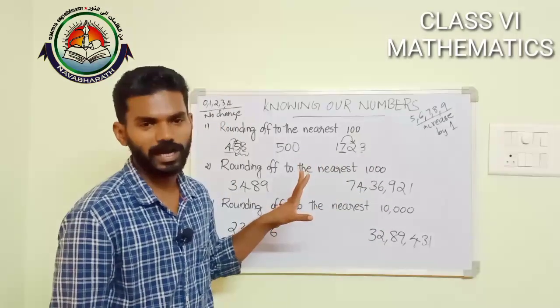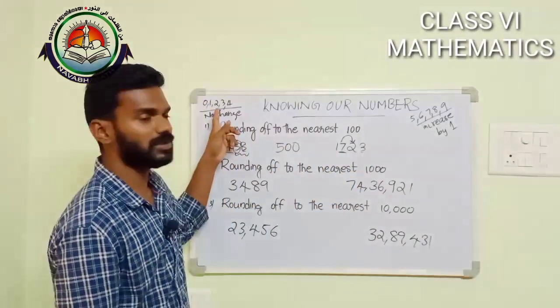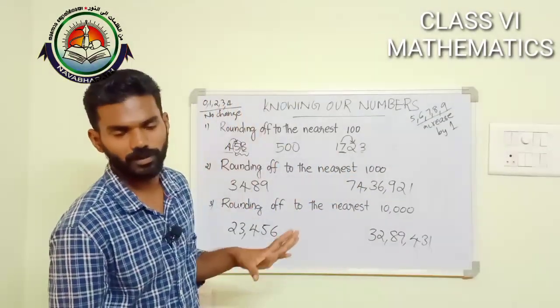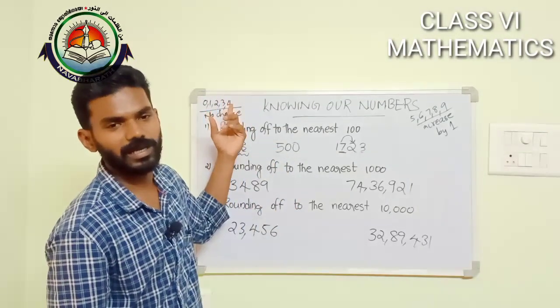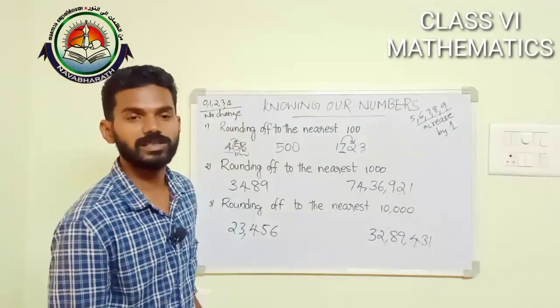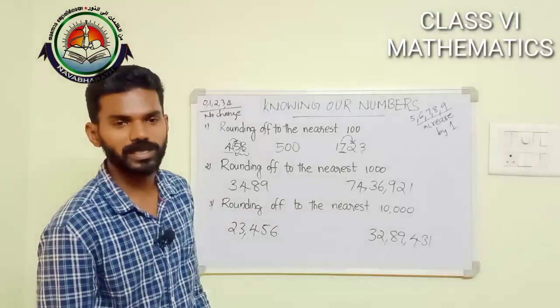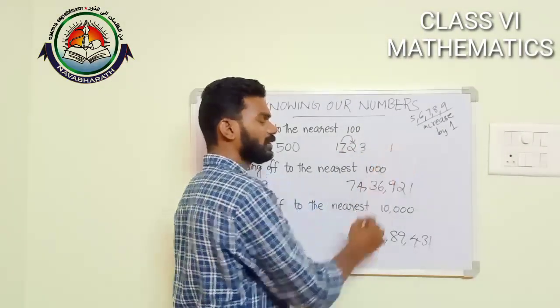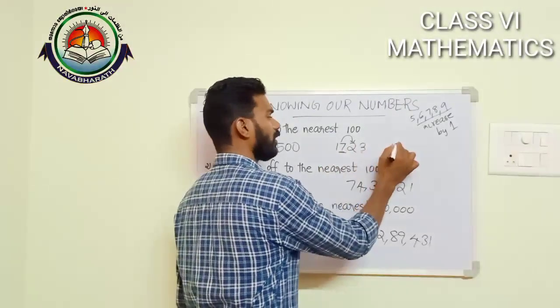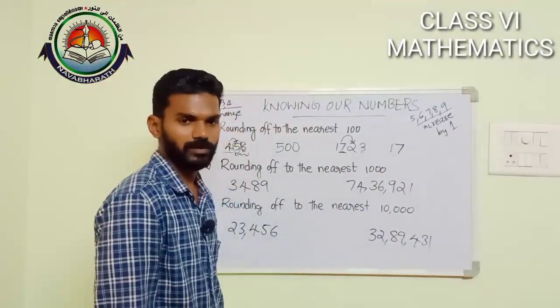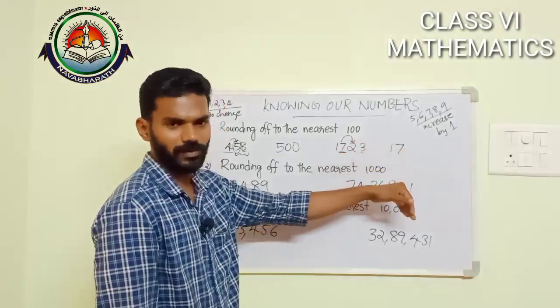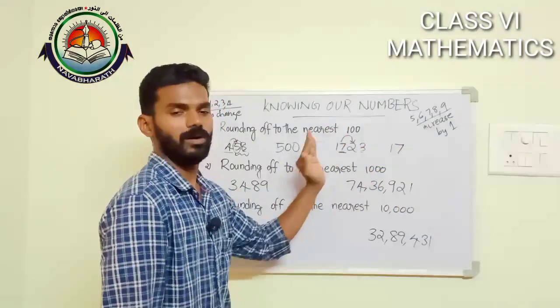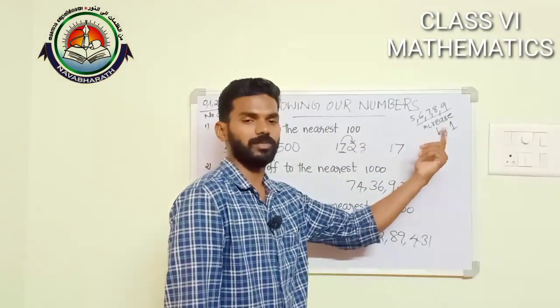And you can see that this 2 belongs to this category 0, 1, 2, 3, 4. And in this category, there is no change required for our hundreds place. So you can write the 1 as the same one, and 7 also no change. But after the hundreds place, all the digits must be replaced with 0.